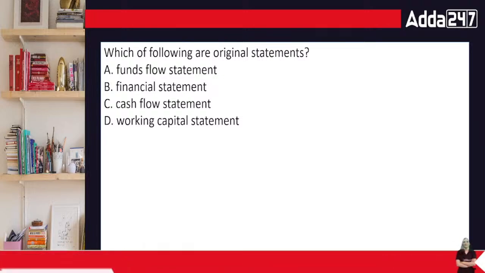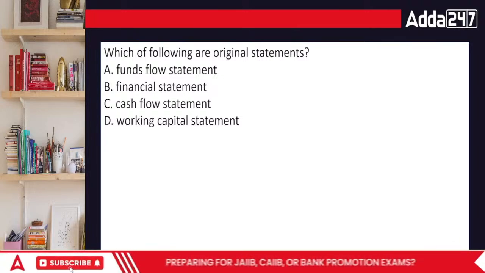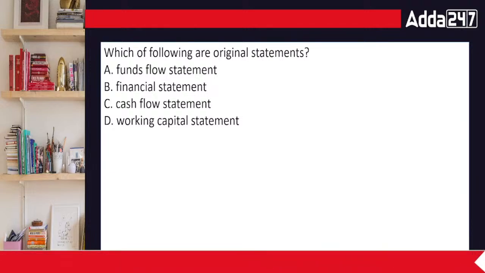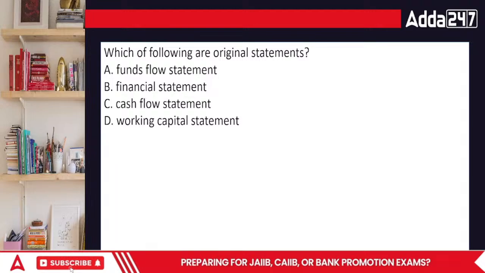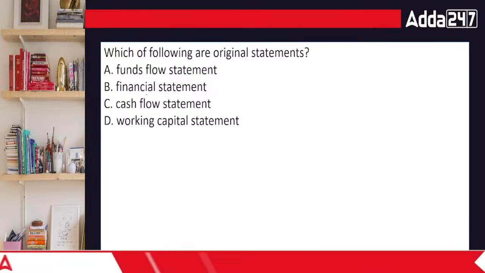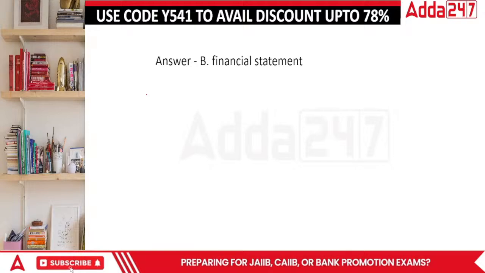Then working capital statement is also prepared after we have created the balance sheet. So technically there's only one point which is original in nature from which other things are created. We are not challenging the authority or authenticity of anything because ultimately you need to know about the financial aspect of the things. So in this case, the correct answer is financial statement.